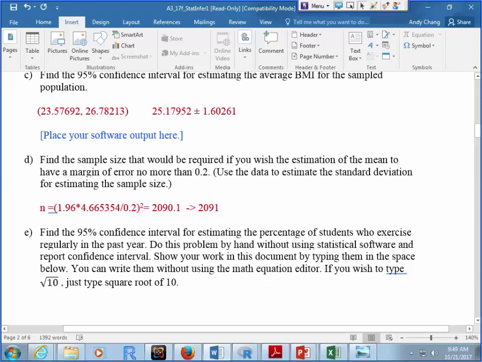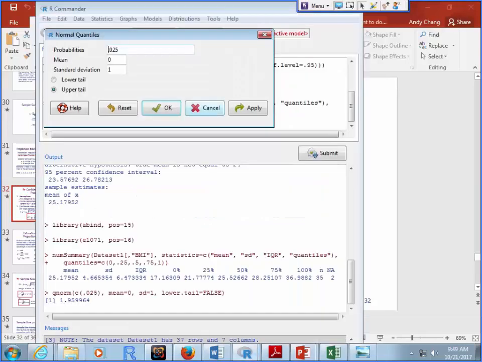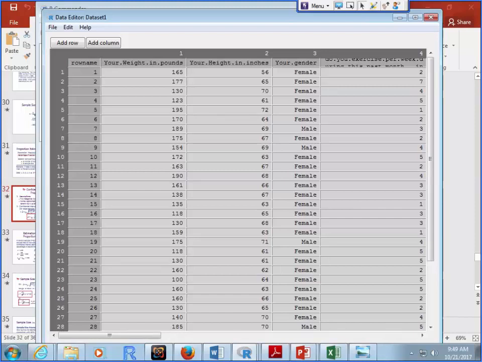So this one we want to do a 95% confidence interval estimate using that formula we learned. This formula: p hat plus or minus z-score times the square root of p hat times 1 minus p hat over n. So you have the data here, exercise regularly or not.